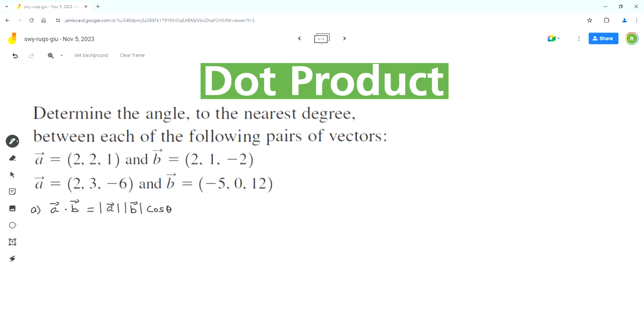So we have to find the magnitude of A and B from the given vectors. So let's start with the magnitude of A. We have to square the x, y and z components, add the squares and apply square root to the sum.